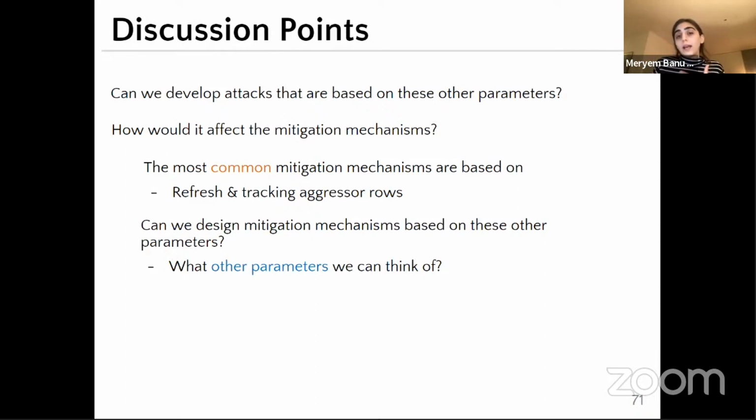Then, can we integrate this temperature effect into TRR as well? We are talking about temperature and aggressor row active time now, but can you think of other parameters as well that might affect the vulnerability of cells to RowHammer, or in general for such an attack?